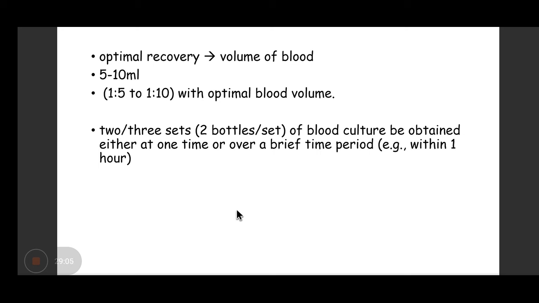One blood culture set includes two bottles, each containing 5 to 10 ml blood. So you have to send such two-bottle sets 2 or 3 times, at an interval of time.